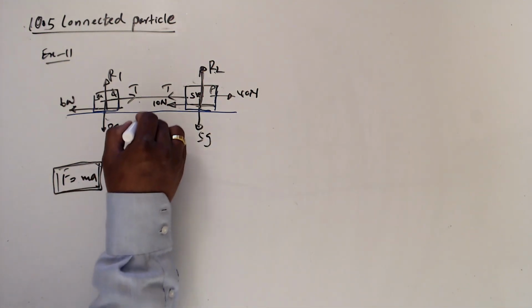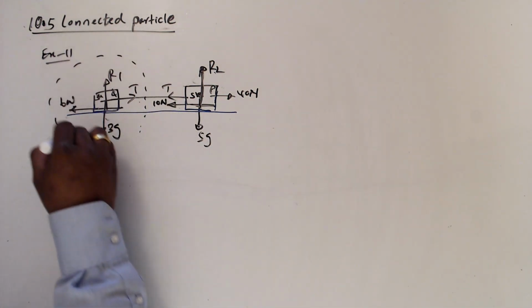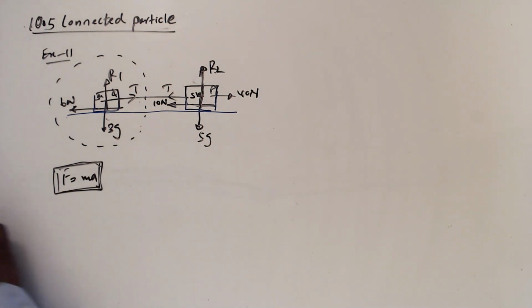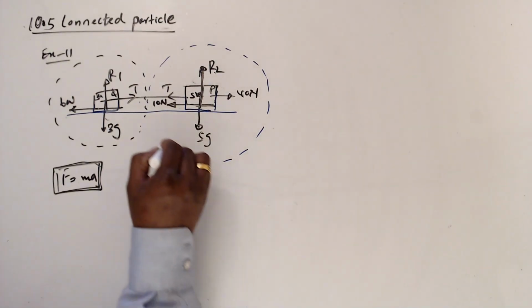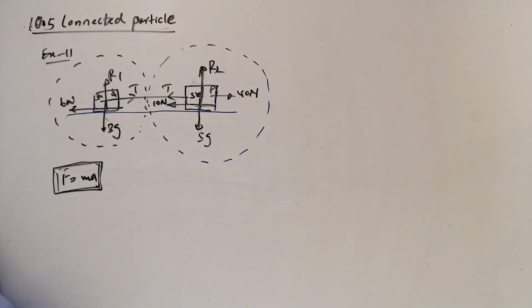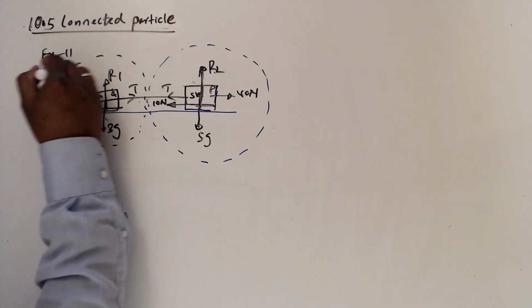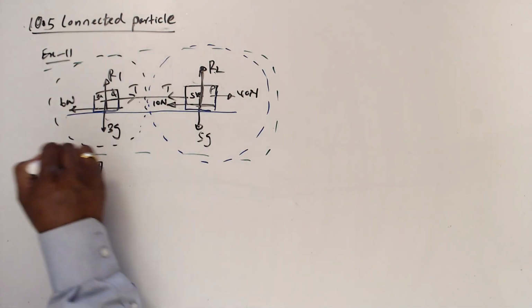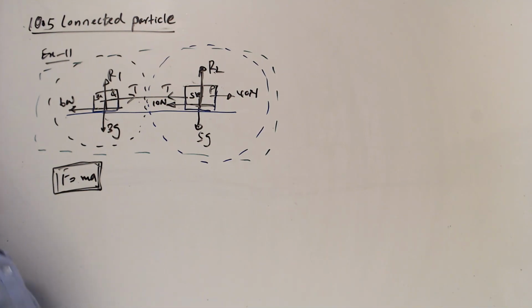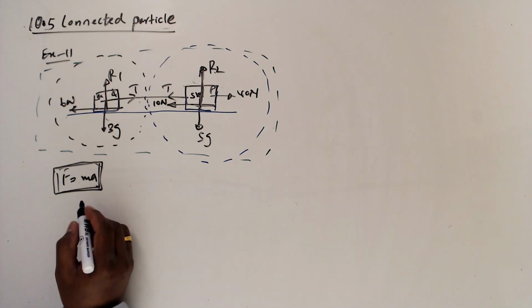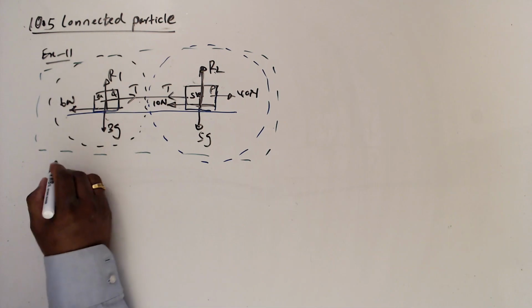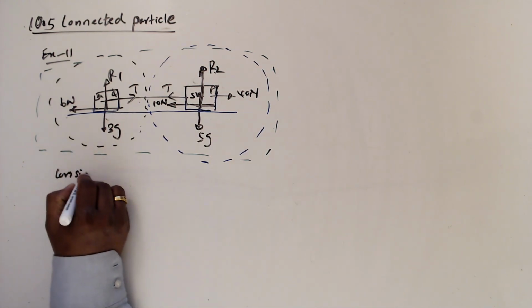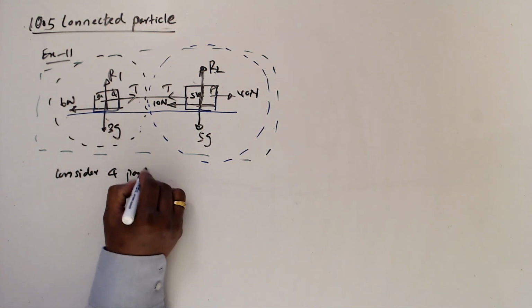One is to consider this particle, or we can consider the other particle, or we can consider the whole system together. We'll look at all the options. First of all, I'll consider the Q particle.